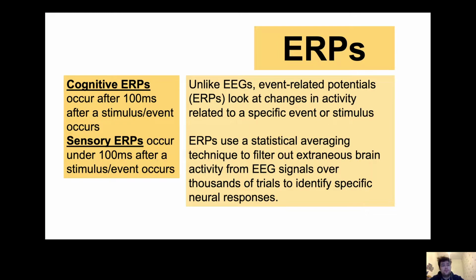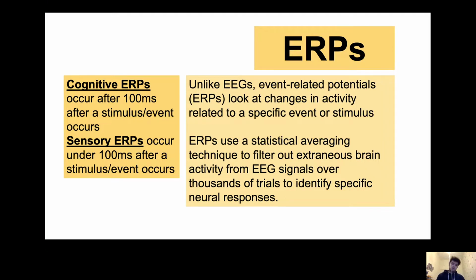But because you're able to filter that brain activity out, it does allow you to identify specific neural responses to specific events. There's two types of ERPs. Cognitive ones occur around 100 milliseconds after a stimulus or event, or 100 milliseconds plus, I should say.